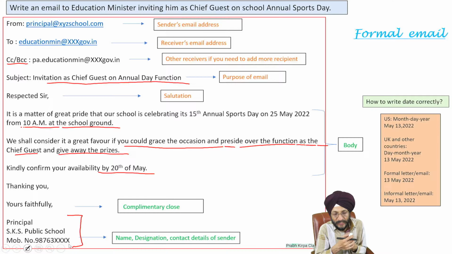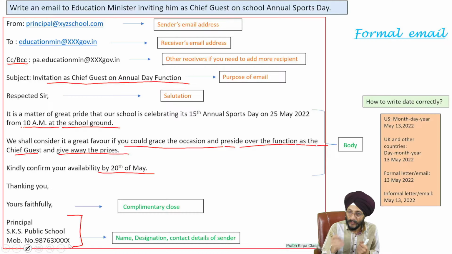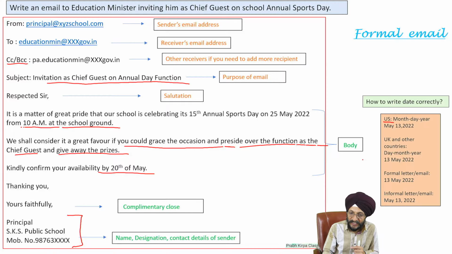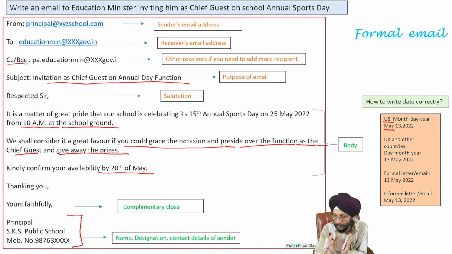One other important thing which we should remember while sending an email to another person is how to write the date correctly. In the case of the US, that is the persons who follow the English followed by the United States, they mention the date as month first, then the day, and then the year.